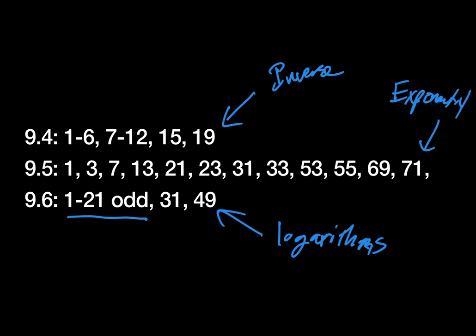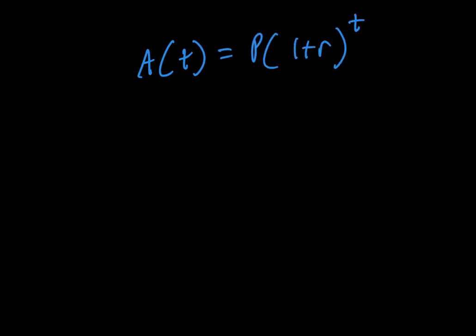All right, but we're going to finish by going back to A of t equals P times 1 plus r to the t power. If I start with the same amount that we started with originally, $2,000, you do an initial investment of $2,000, and let's assume that you have an 11% annual rate.